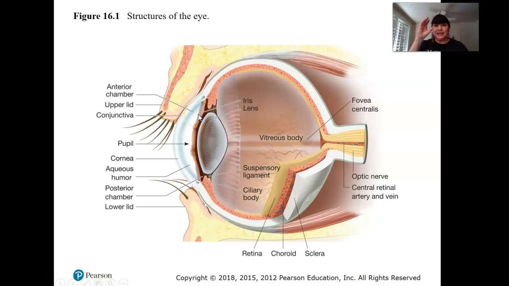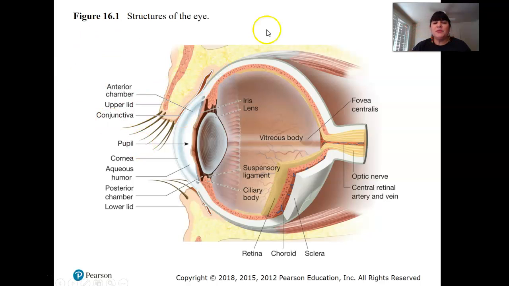What the iris does, it's muscle, and it can constrict or dilate to help with how much light passes through the eye. So if it's nighttime, you're going to have less light outside. The pupil is going to dilate to get light into the eye. If it's daytime and there's a lot of light outside, then the pupil is going to constrict, so you have less light going into the eye.